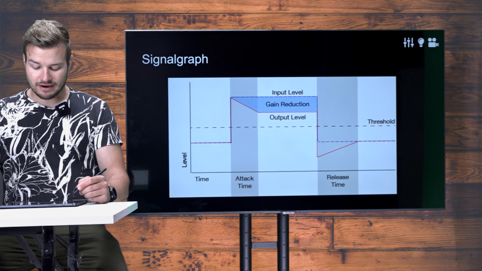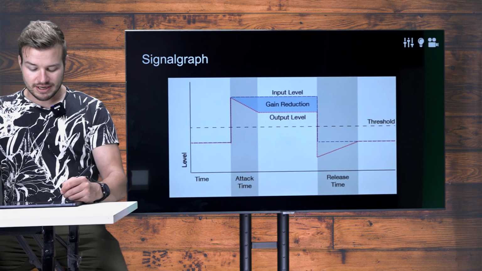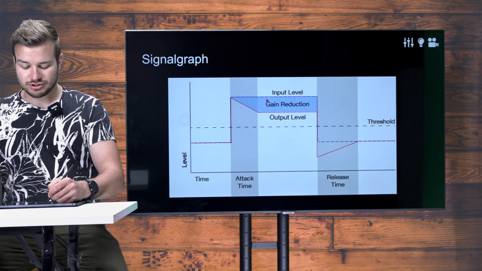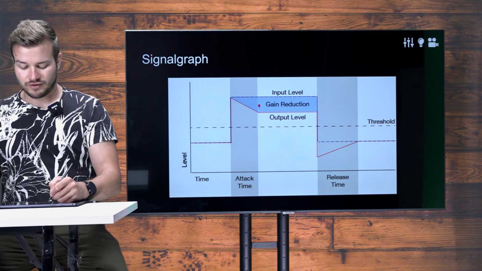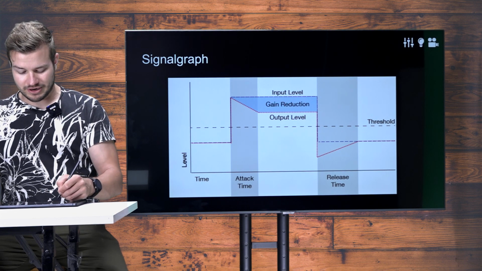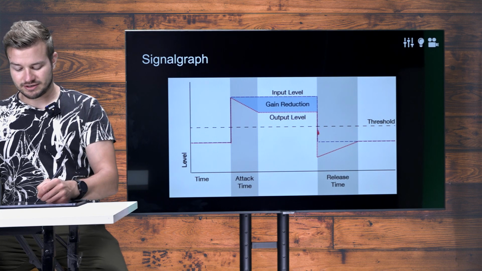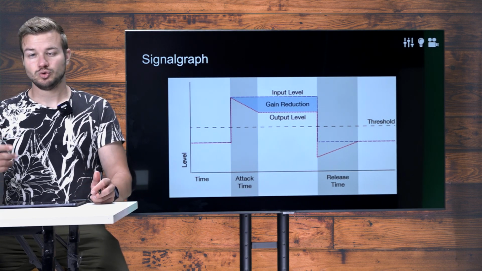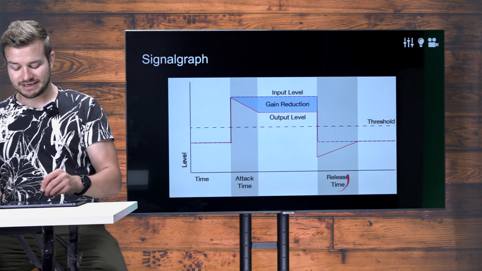Now we can see the dashed line here is again the threshold. As soon as the signal passes the threshold, we start to do gain reduction. We turn down the volume whenever the signal is higher than the threshold, so starting here and ending here. Here we already see that there are two additional parameters we can set: an attack time and a release time.